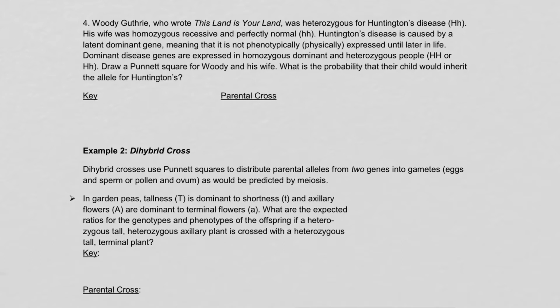But in this case, even though it's dominant, it doesn't express or show up as a trait until after reproductive age, or at least till you're past the age where you become reproductive. So in this case, big H is Huntington's.